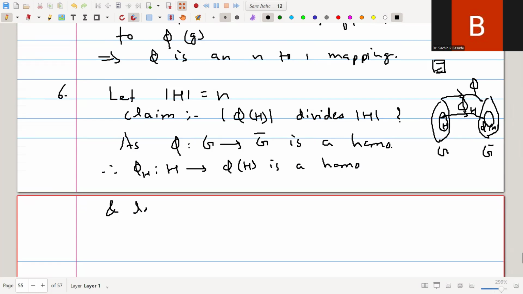Let the order of kernel of phi h equal m. By the previous part, we know that this phi h is an m to 1 mapping.